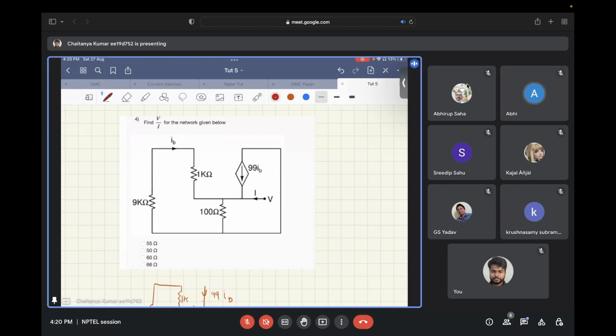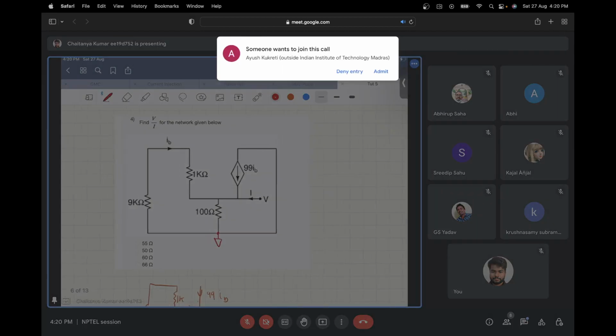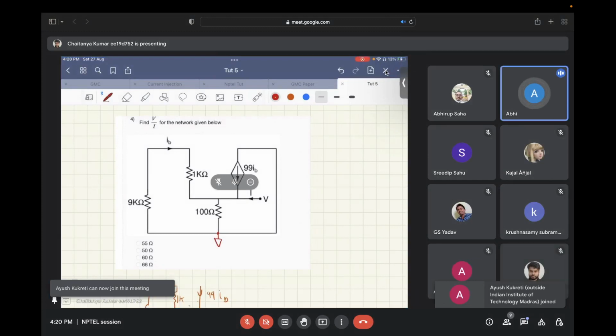Correct. It should have been mentioned that this is ground, or this is 0 volts. So we'll take note of this and see if we can edit the marks given on this question. Okay, thank you, sir.